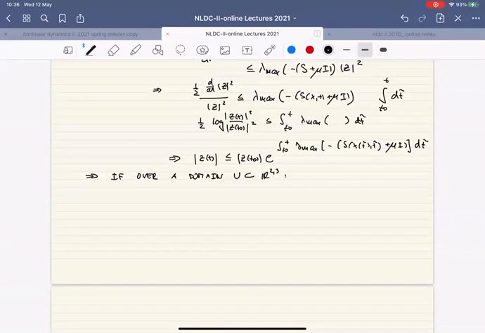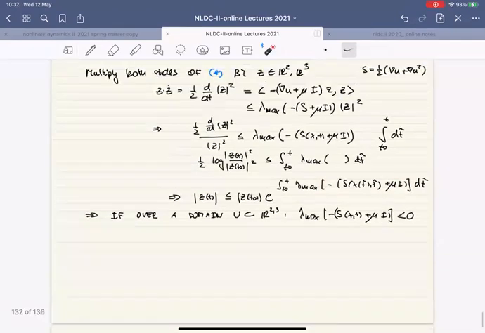If I find that lambda max of minus S x t plus mu I is less than 0, right? Then what the conclusion is that as long as I'm in that physical domain, so this number is negative, then I do have attraction to the manifold.